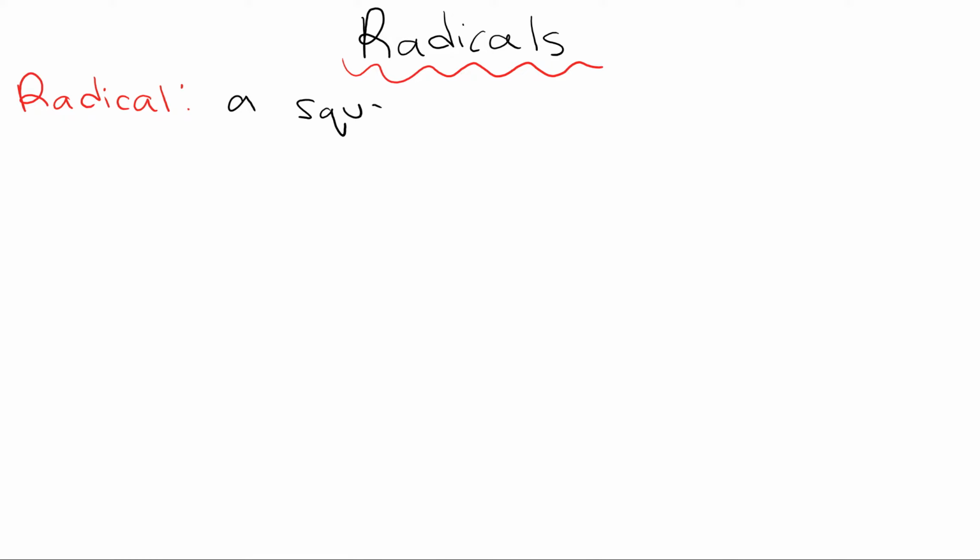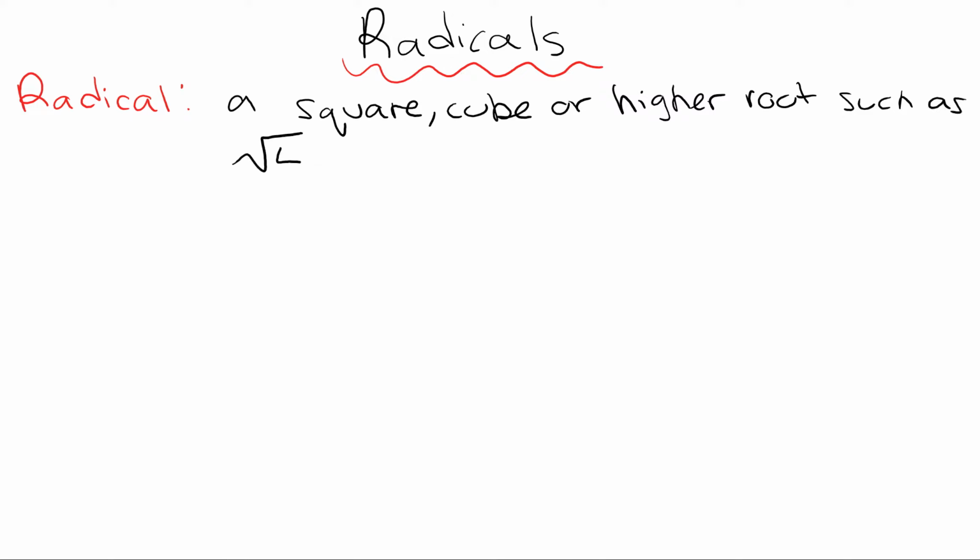So a radical, I'm just going to repeat myself, is a square, cube, or higher root, such as the square root of 4, which we should know is equal to 2, and the cube root of 27, which is equal to 3.